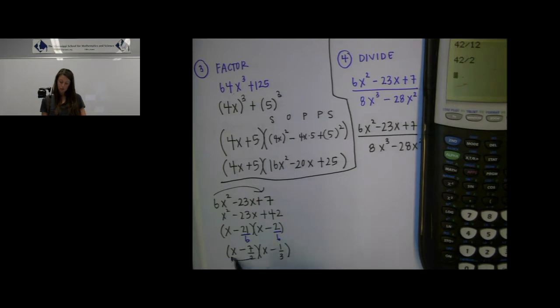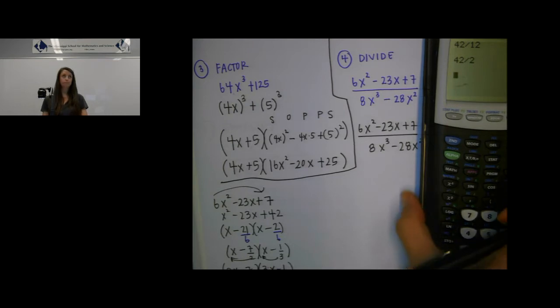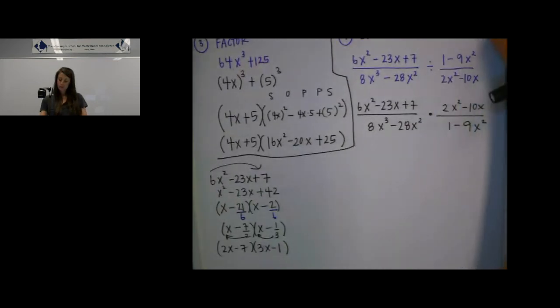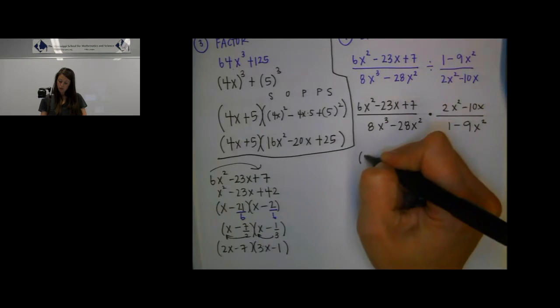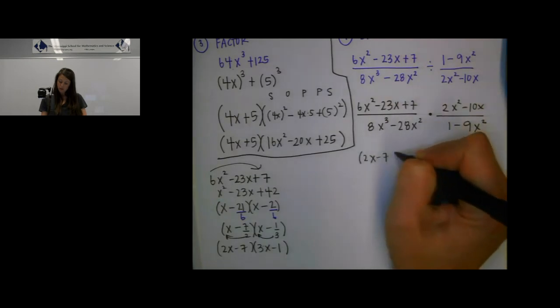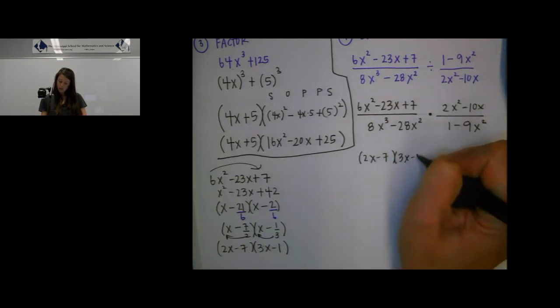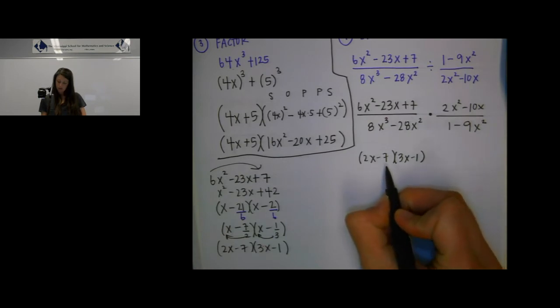So then remember, you bring your denominators up. So this will be 2x minus 7 times 3x minus 1. So this numerator up here will be 2x minus 7 times 3x minus 1. All right.